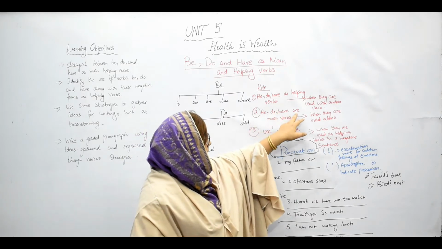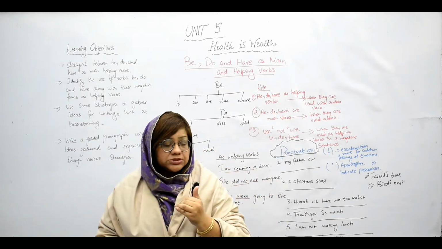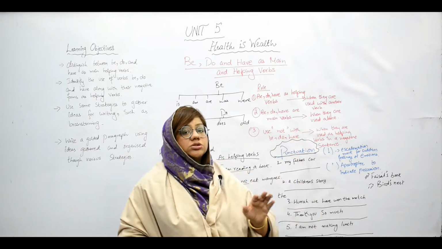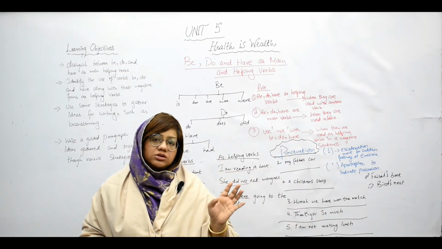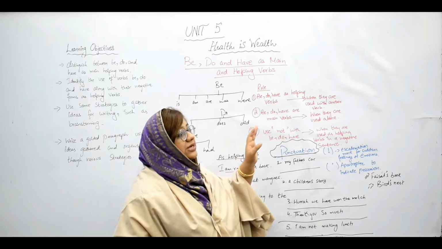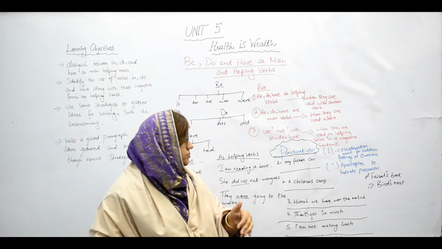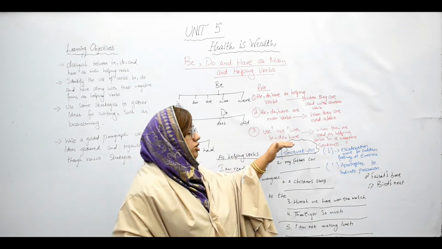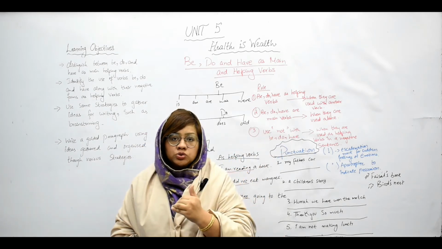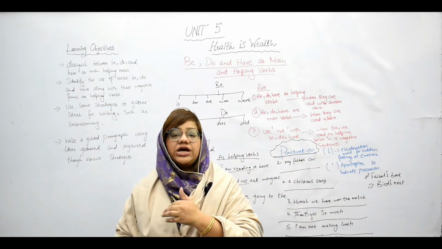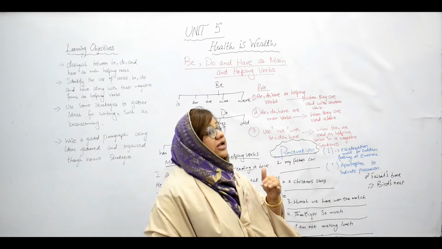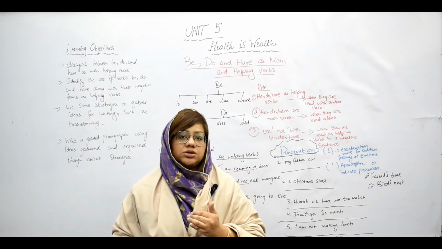Be, do, have are main verbs when they are used alone. No helping verb is used in this. So that verb is a main verb. Now use not with be, do and have when they are used as helping verbs in a negative sentence.